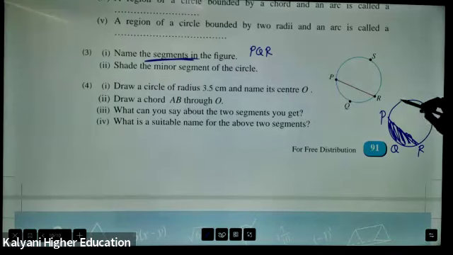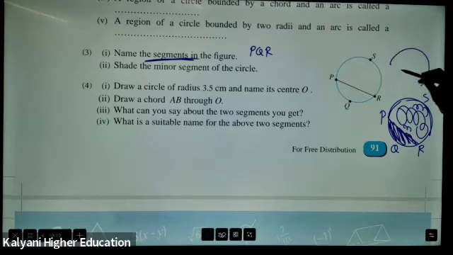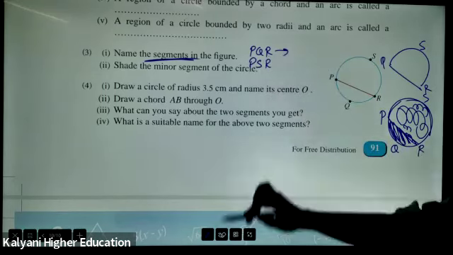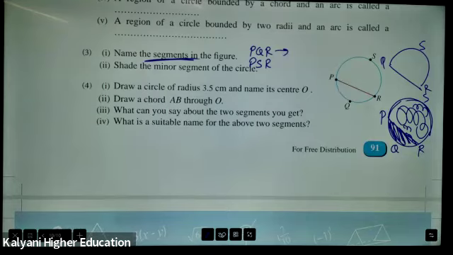What about the other segment? What is the name? Letters. PSR. Can you tell me what is the name of PQR? Is it a smaller one or bigger one?